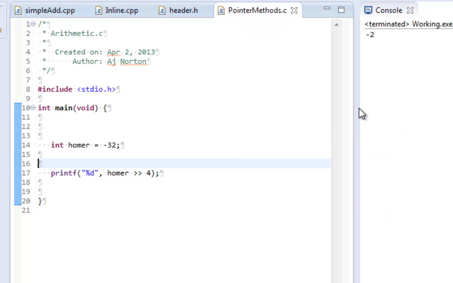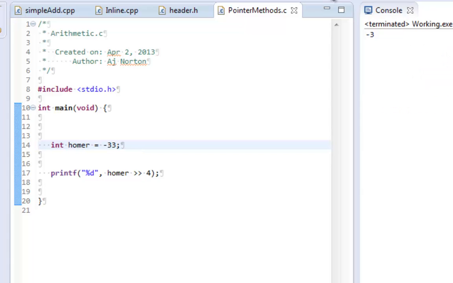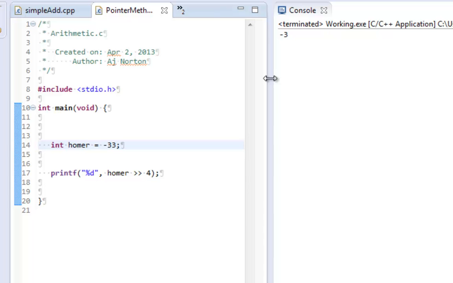And we do get negative 2, which is good. But now let's watch. Let's say I make this negative 33. Now this should still yield negative 2, but I have a feeling that it will not, because it rounds down. See? It yielded negative 3, which is not what we want.